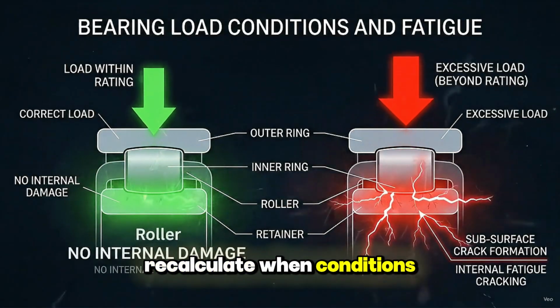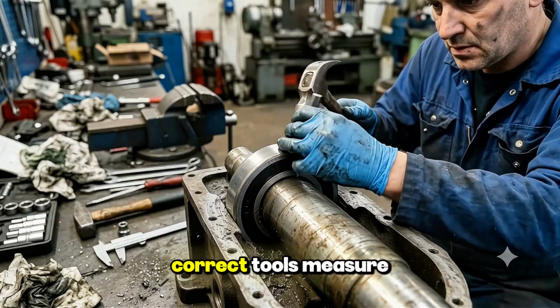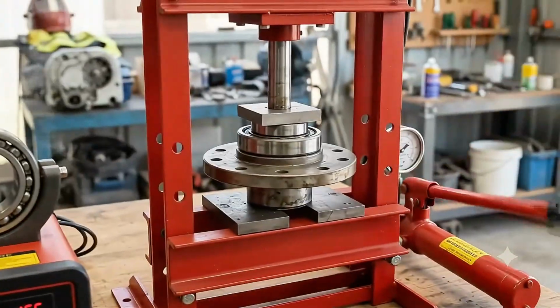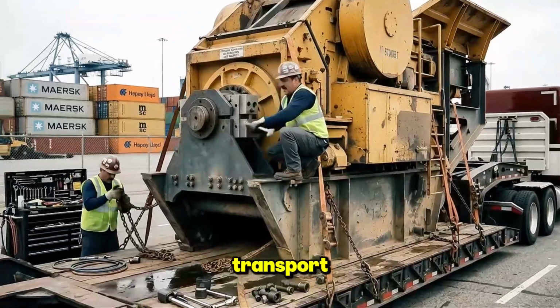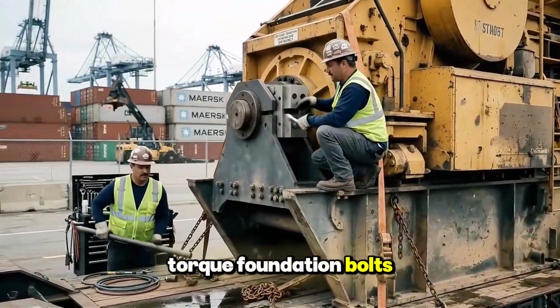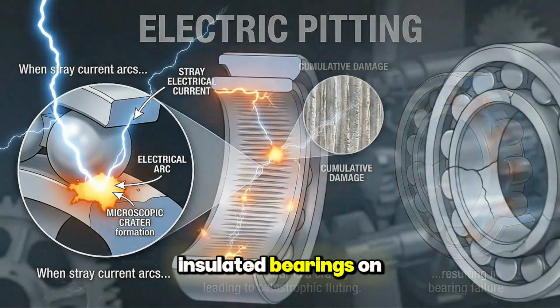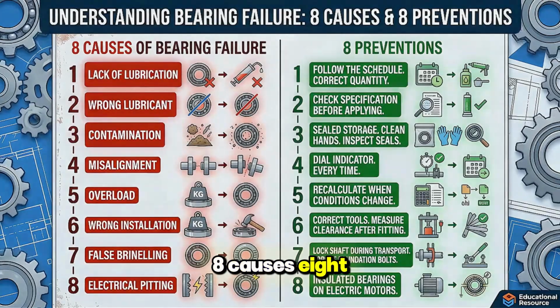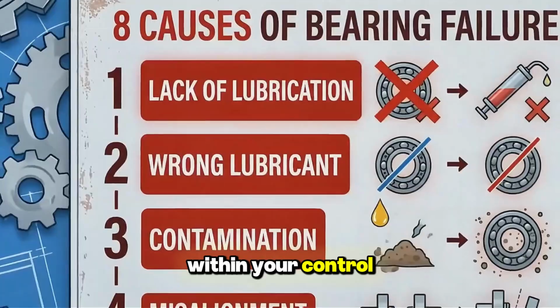Recalculate when conditions change. 6. Wrong installation. Correct tools. Measure clearance after fitting. 7. False brinelling. Lock shaft during transport. Torque foundation bolts. 8. Electrical pitting. Insulated bearings on electric motors. 8 causes, 8 preventions. All simple, all within your control.